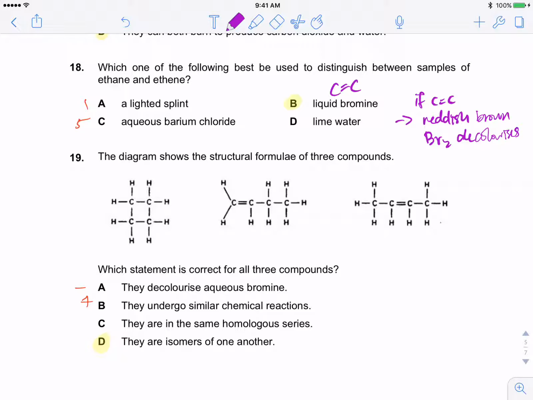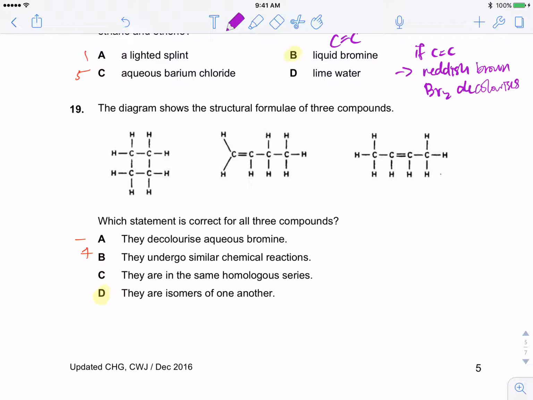Note that this should be done in the absence of sunlight because in the presence of sunlight, bromine can also react with a normal alkane to undergo free radical substitution, which also causes the color to decolorize, though not as fast a rate. If you recall the video that I showed you during class, once I drop one drop of bromine into the alkene solution, the color immediately disappears. So it's a very fast reaction.